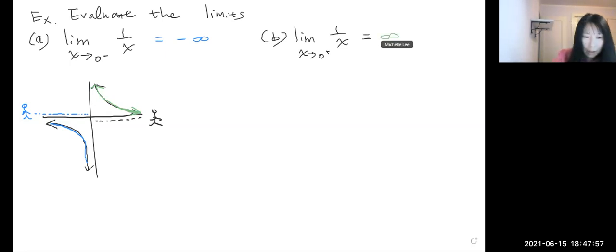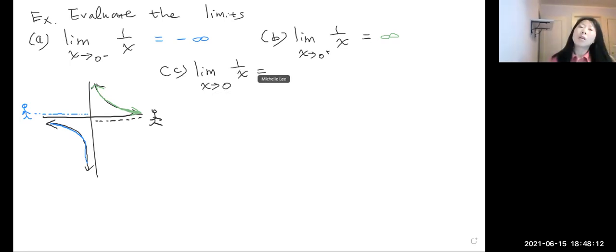So at this time, they give us the question: what's the limit as x approaches 0 then? Negative infinity and infinity. They do not match, right? So the limit does not exist.